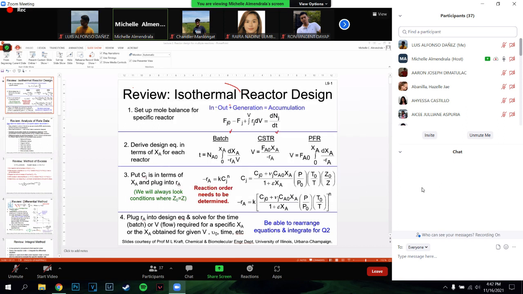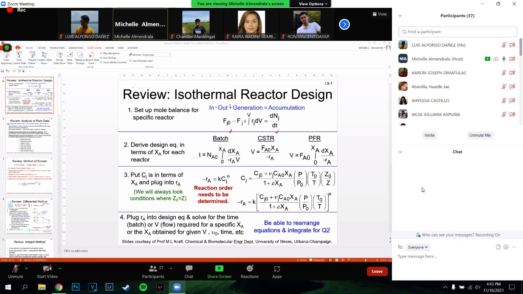So again, we'll be continuing our lecture. All right, can we continue now? So again, that is our material balance. Sometimes you have to look at the big picture of your reactor.